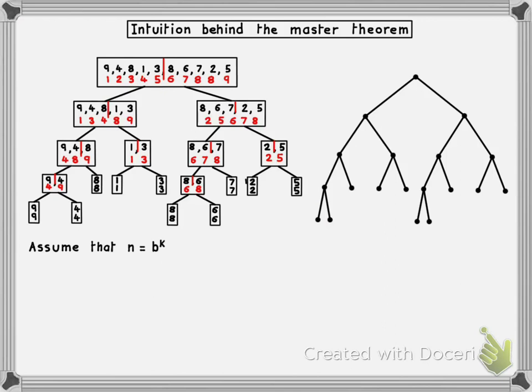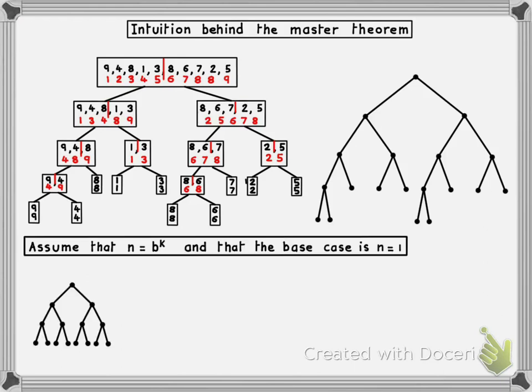And in particular, all the leaf nodes are going to be at the same level down at the bottom. Furthermore, we're going to assume that the base case of the recursion is when n is equal to 1. So here is what a tree is going to look like with all the leaf nodes at the same level, because n is a power of b, b to the k in general.